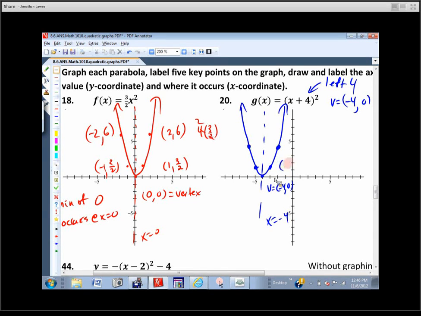To the right one, -3. To the right one more, that'd be -2. I went up 1 from 0, so that's a 1. I went up 4 from 0, so that's a 4. And then take a look at the symmetry here. If I went back 1, that would be -5, and this would be -6.